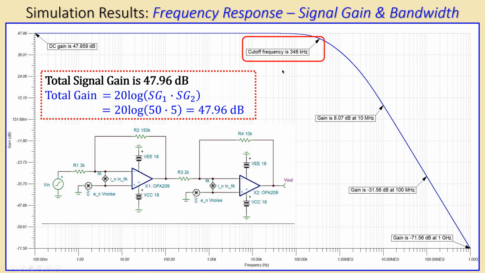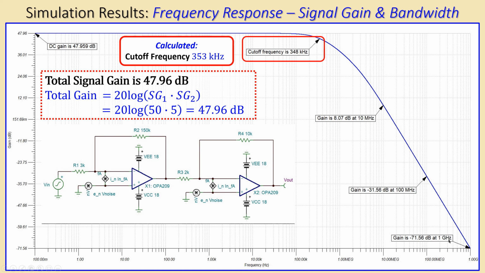So it is a little bit less than what we have calculated, because the calculated cutoff frequency for the first stage was 353. You can see the pole of the second stage has lowered the actual cutoff frequency and also the noise bandwidth and then the noise voltage at the output. You can see that shortly also in the later discussions.